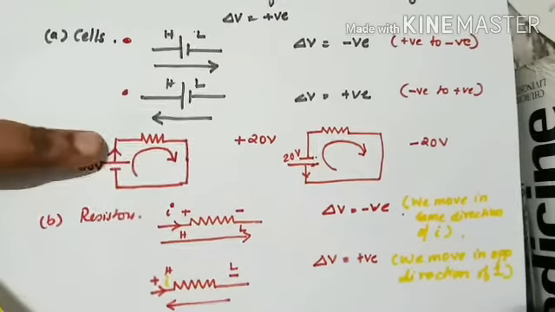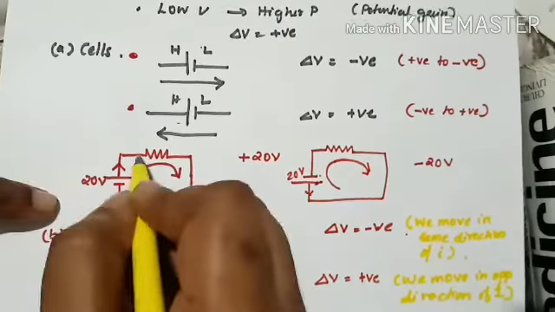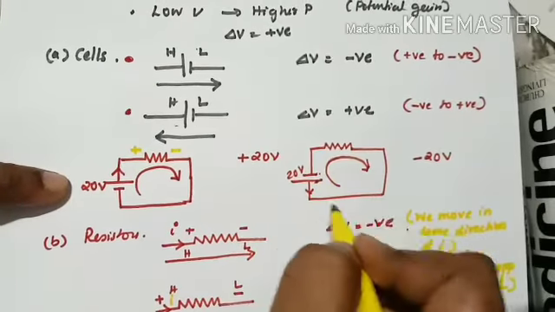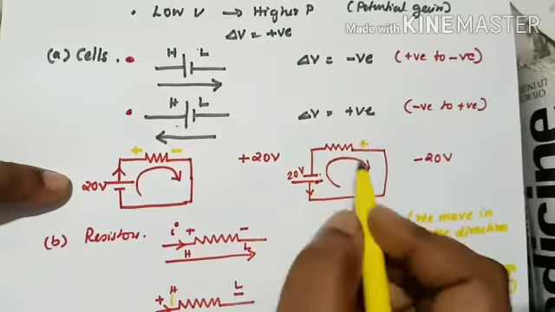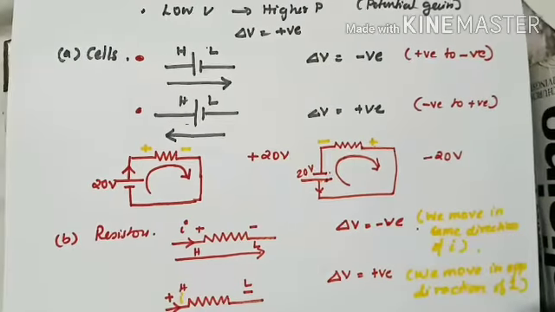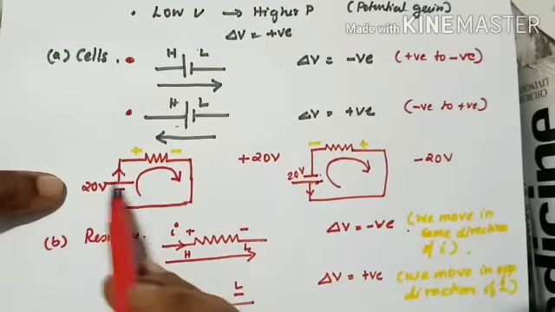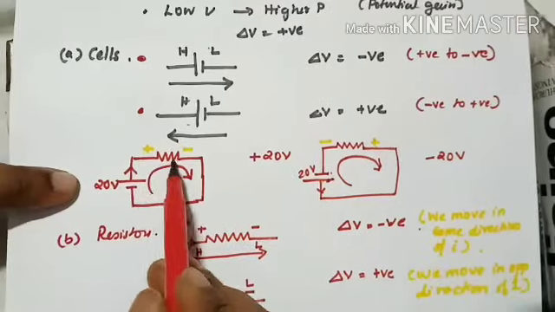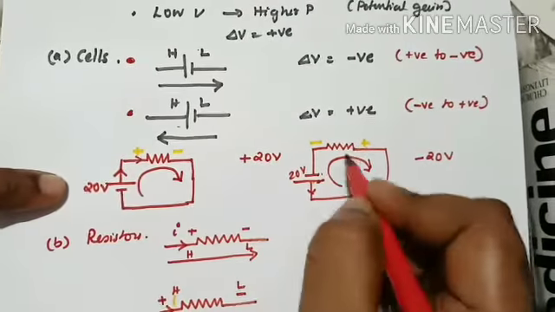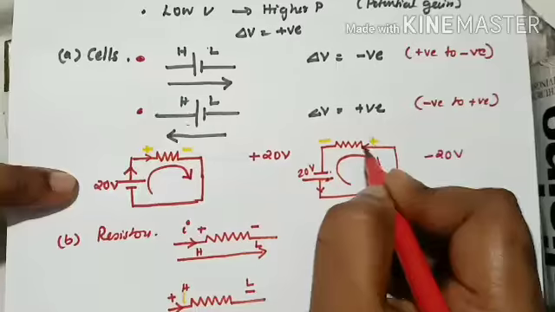See, this is your resistor, right? Current is coming here means this becomes plus and this becomes minus. Same here, this terminal becomes plus. This much clear, right? Now let's move on. I am moving in this direction across the resistor. The current is moving in this direction here, and the current is moving in this direction here.